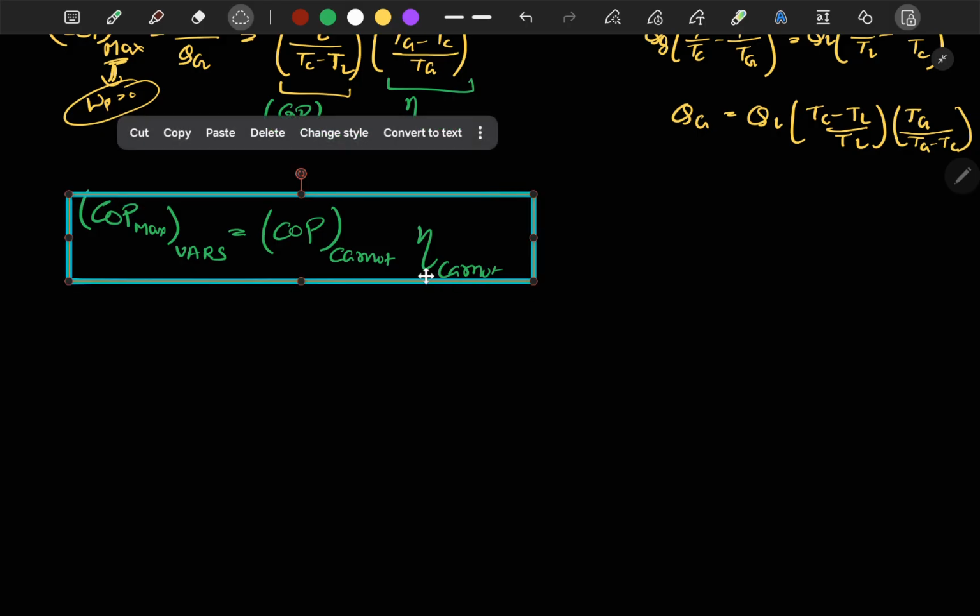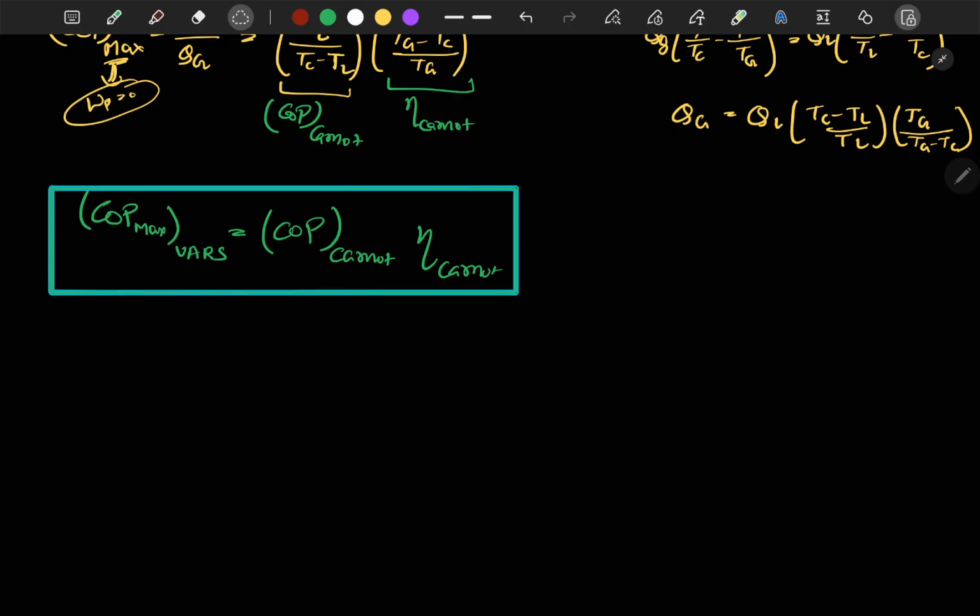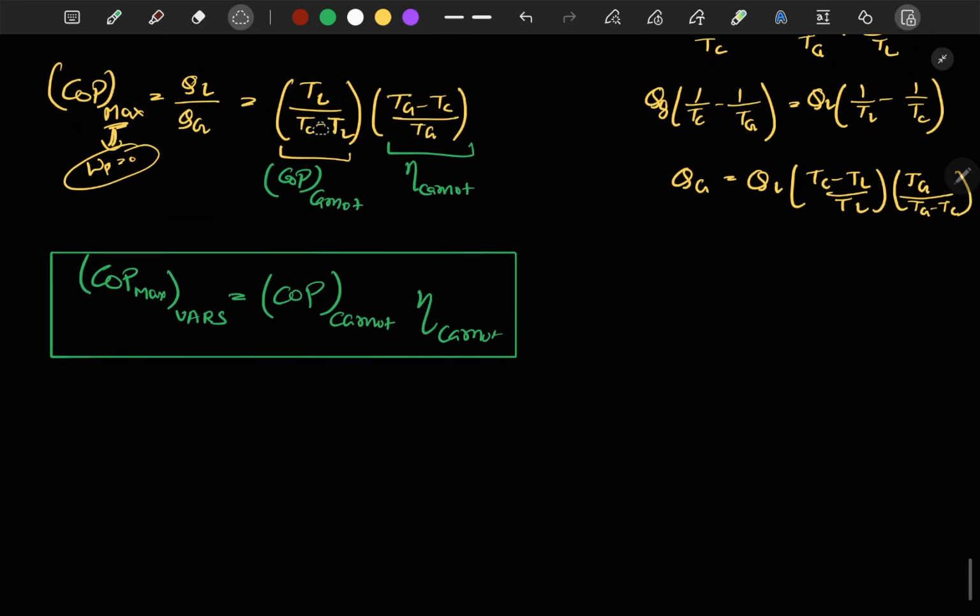Now the shortcut: if you want to calculate the COP for VARS, between what temperatures should we consider the Carnot efficiency, and between what temperatures the COP? Since there are three temperatures, TL, TC and TG, we first represent all three of them. TG is the highest, so we keep it at the top, then T condenser, then T evaporator, T lower.